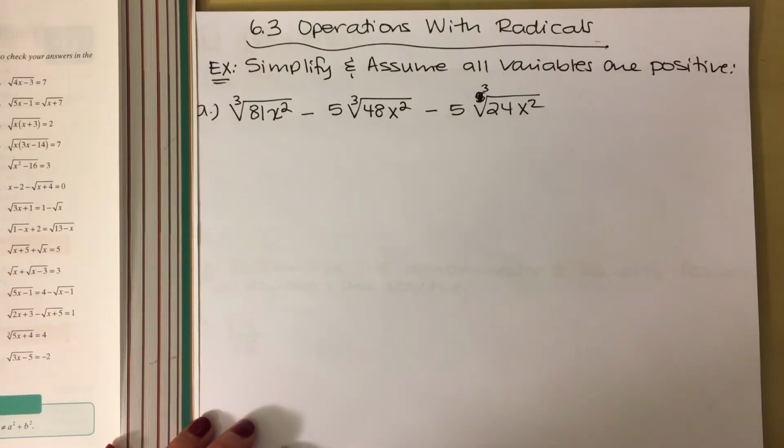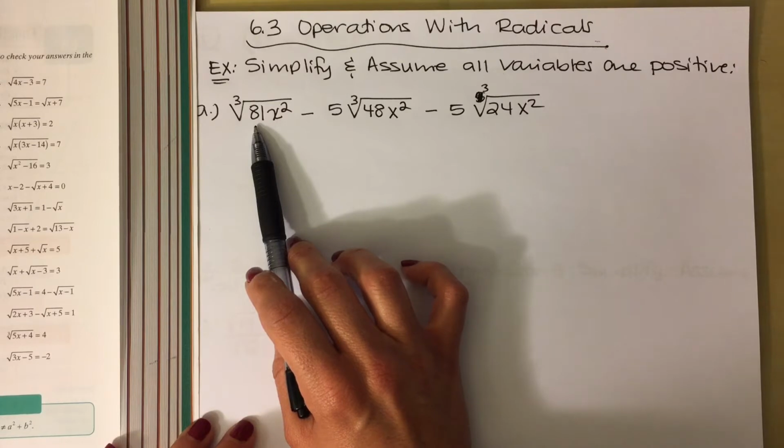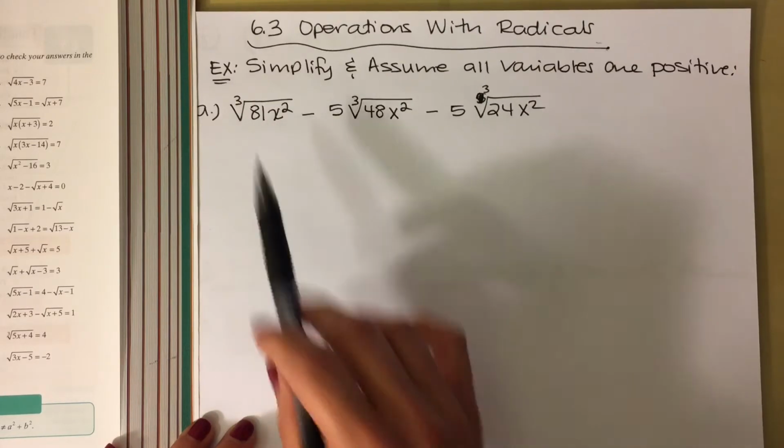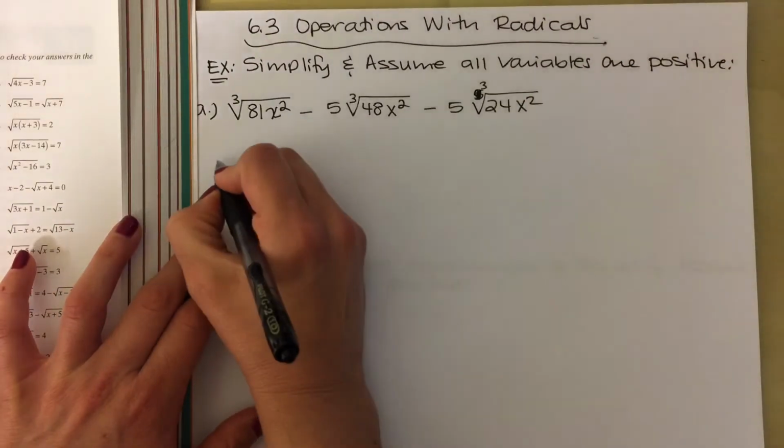So if you remember from before, 81 is not a perfect cube, but you can rewrite 81 so that we have a perfect cube times a number that we can't simplify. So let's see.